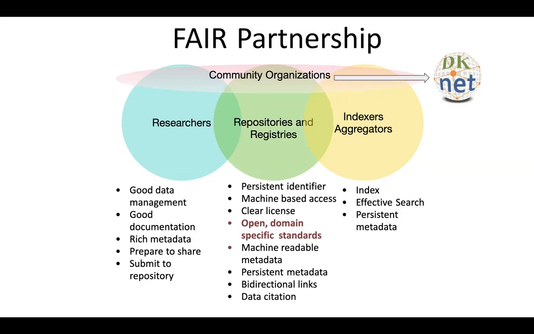And then repositories, be they for example institutional repositories at a university, or a domain specific repository, for example one of the NIH NCBI data repositories that exist for genomic data. They're responsible then for issuing identifiers, making sure metadata is persistent, things of that nature. And then the indexers and aggregators, the Googles of the world, need to be able to provide effective search across those data sets.